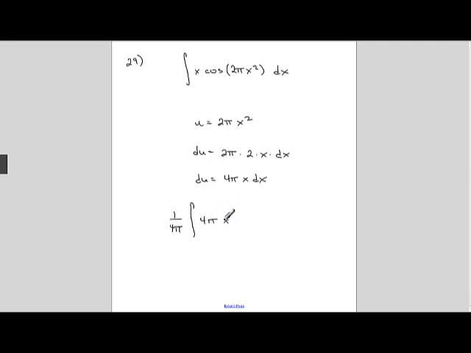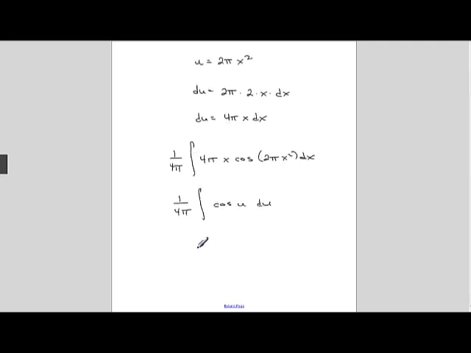And then we'll have x times the cosine of 2 pi x squared dx. 4 pi x dx is du, and this is u, so we can say that's the cosine of u du, which we have an integral for, which is the sine of u, plus the arbitrary constant.